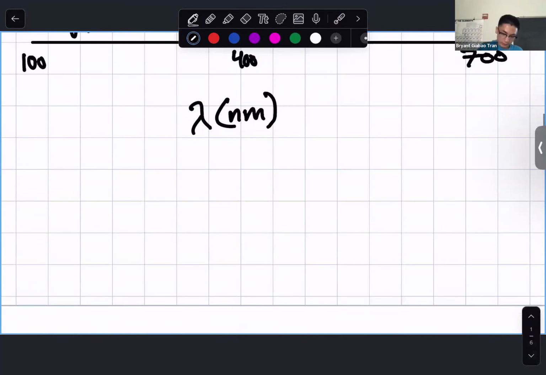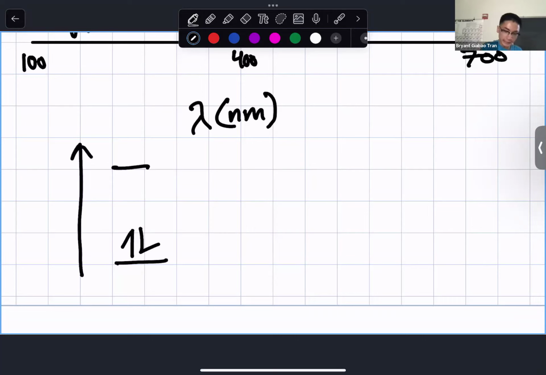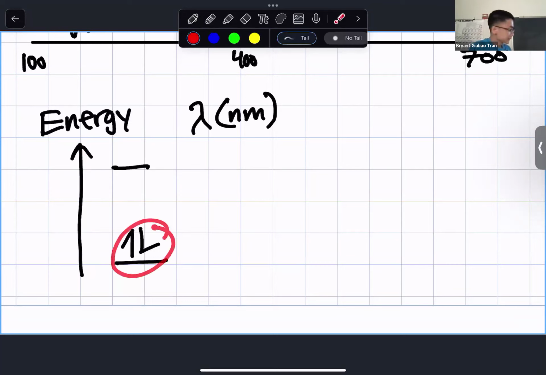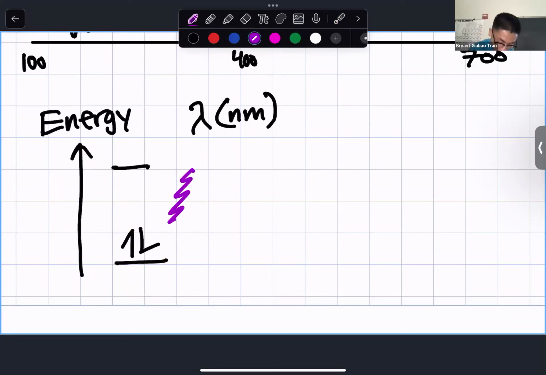So let's say we have electrons in this orbital here, and there's a higher energy orbital up there. This arrow here is going to represent energy. The higher it is, the more energetic it is, meaning that it is less stable. If we excite these electrons by adding some kind of energy like heat or light, like let's say we shine light through it, it could get promoted.